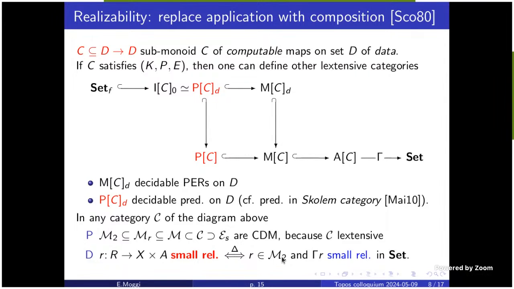So it must be a decidable mono, this one. And if I apply the global section functor, I should get a small relation in Set, namely what I described as a finitely branching relation.